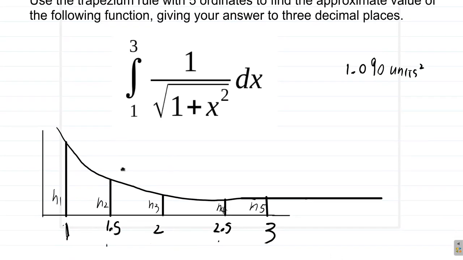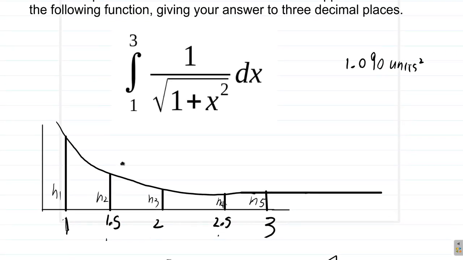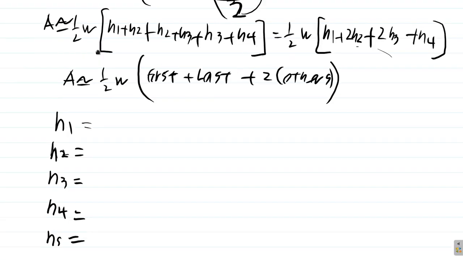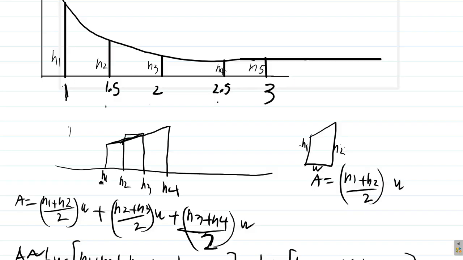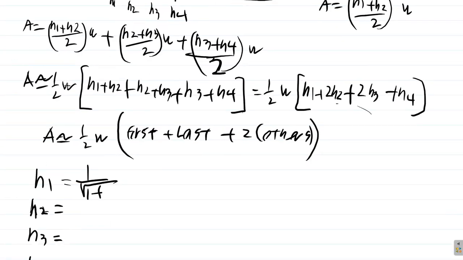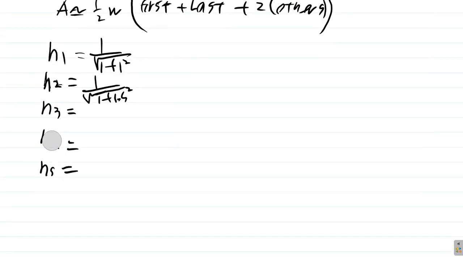Now we have 1 over the square root of 1 plus x squared. So for H1, this is 1 over the square root of 1 plus 1 squared. For H2 it is 1 over the square root of 1 plus 1.5 squared. For H3, you know that I need some more space.